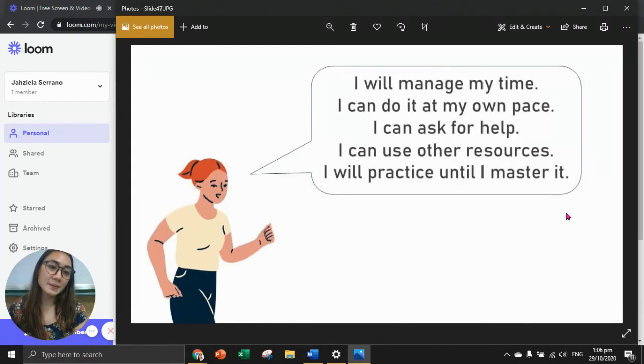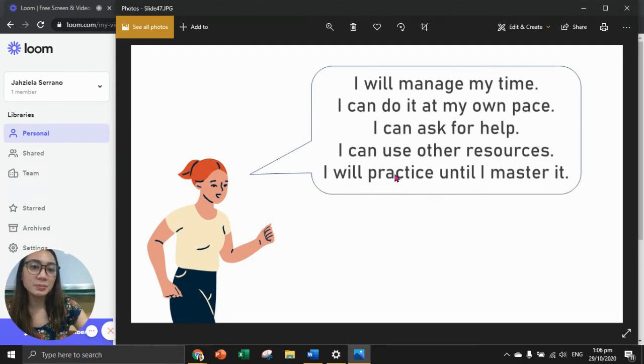So, sabi nga, again, just a reminder, I will manage my time. Kaya nyo mag-manage time. I can do it at my own pace. I can always ask for help. I can use other resources. So once you are done with practice set 1 and set 2, maraming mga sample problems sa internet na pwede nyo lang sagutan, na pwede nyo i-practice pa yung sarili nyo.